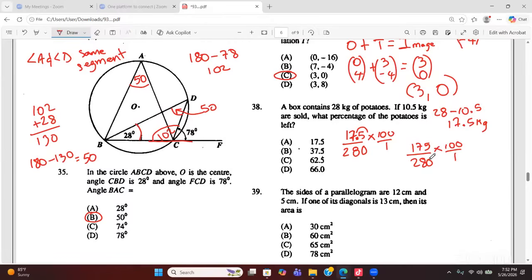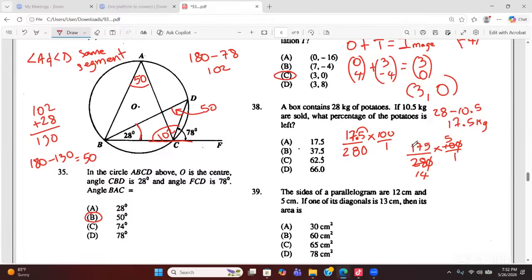You can see the 0s cancel. Then you could go with 2. 2 into this is 5, and 2 into this gives you 14. Then you keep pushing, 14 and 35.